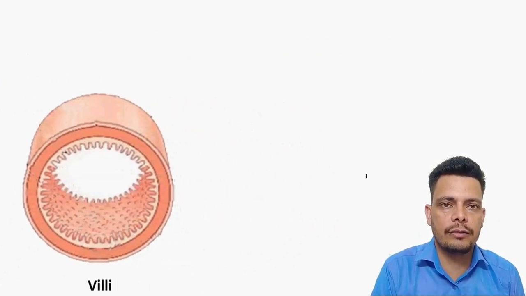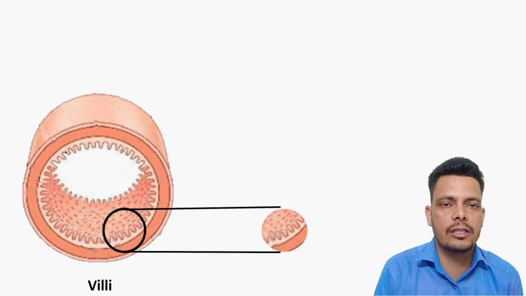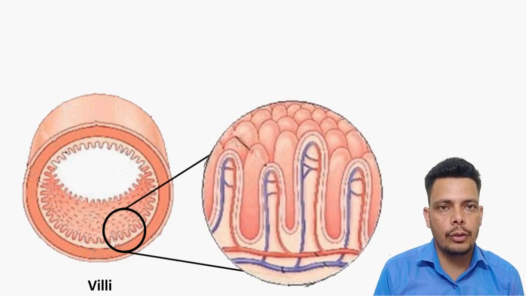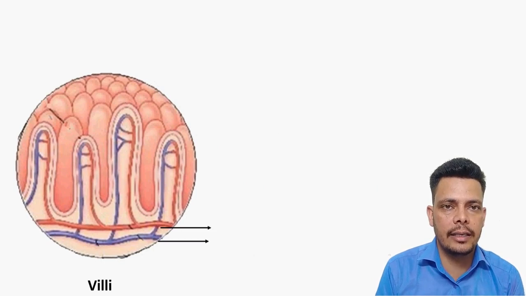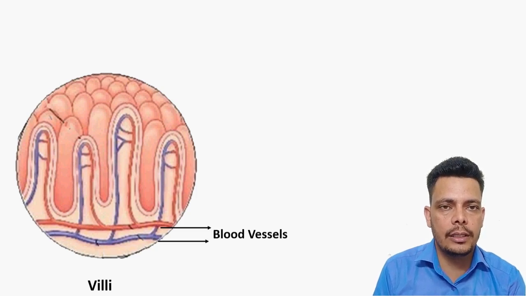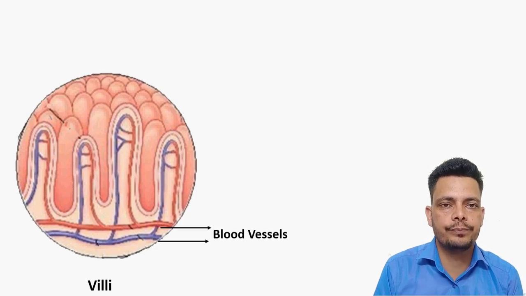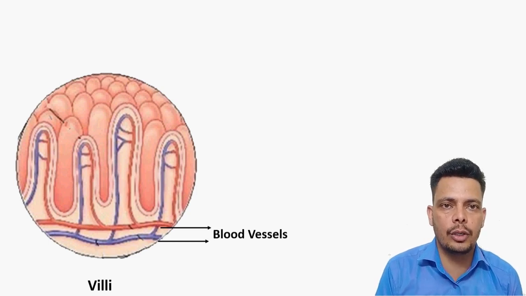So this is the structure of the villi. In the villi there are blood vessels. It is richly supplied with blood vessels. So on one side there are nutrients, on the other side there is blood, and in between there is the membrane of the villi. From the membrane of the villi, the digested food enters into the blood, and from that blood the food particles which our body needs go into the whole body.